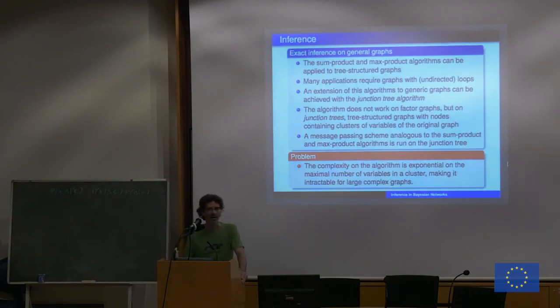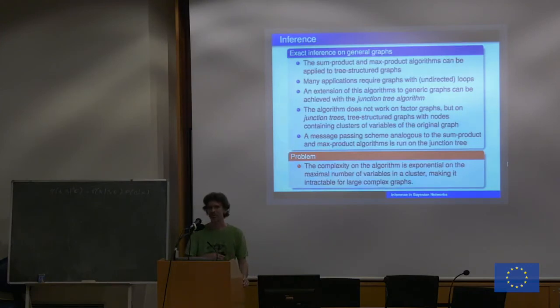Which means, for instance, the way to do exact inference on an arbitrary network, which if you do the factor graph doesn't become a tree, is to produce a different structure, which is not a factor graph, but it's called a junction tree.